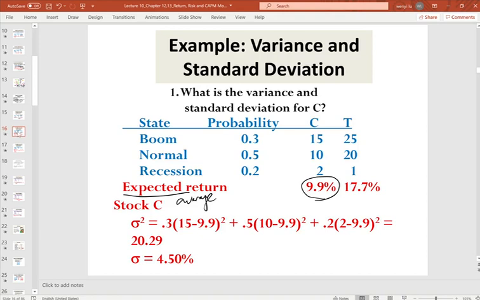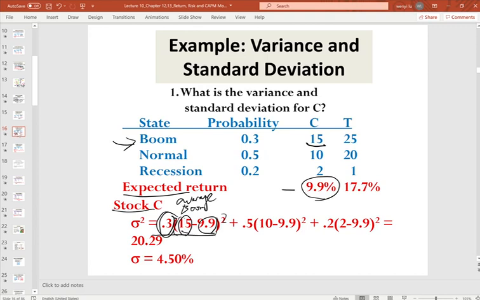Then what's the variance for C? It will be the individual return for a different state minus the expected return, then we times the probability for that state. For the booming state, we use the probability of booming times the difference between the return on the booming state minus expected return, the difference squared. That's the product for the booming state.